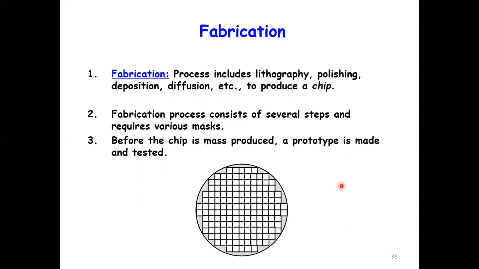Before the chip is mass produced, a prototype is made and tested. This is what I was telling you here, that the breadboard process has completely gone away, I still cannot accept that. Because when we are going for mass production, before that we make a prototype and we test it.